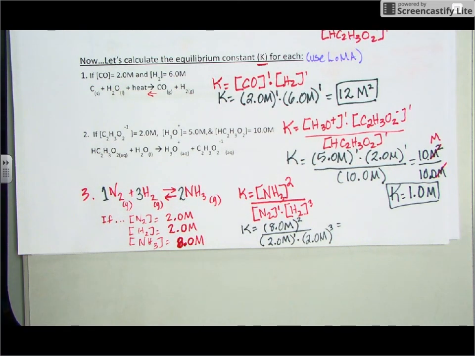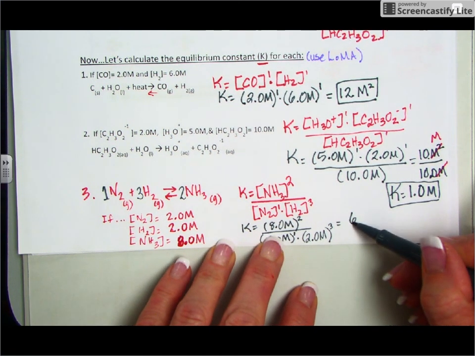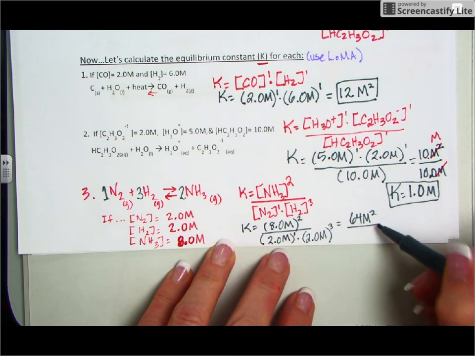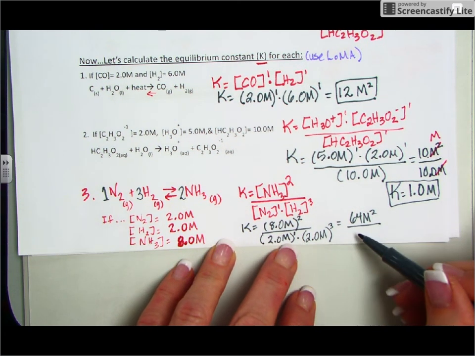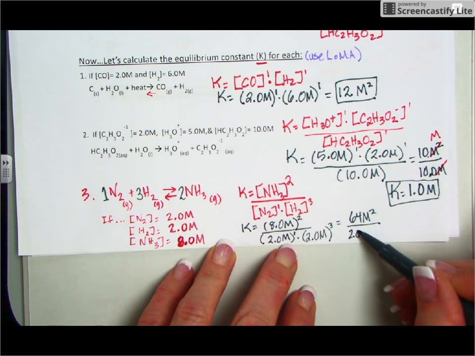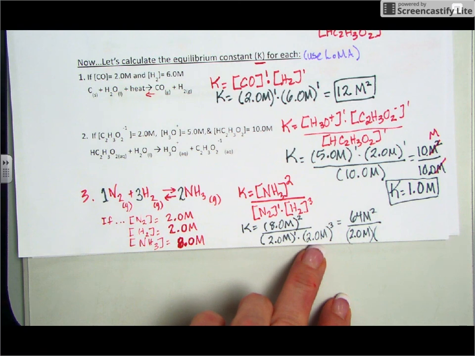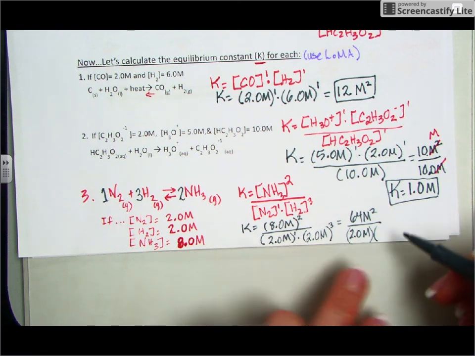We have 8 squared is going to give us 64. And that's molarity squared. And then we have 2.0 molar times 2 cubed, and we know 2 cubed is 8.